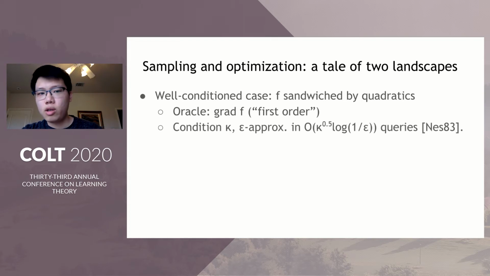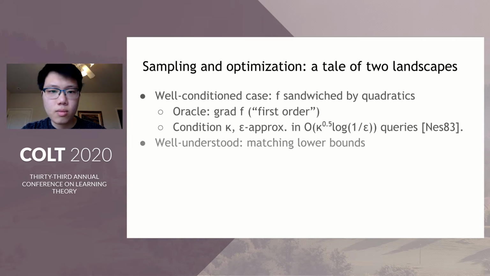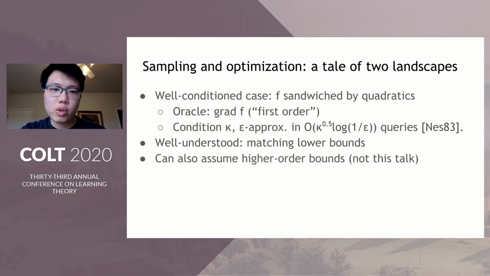In this setting, given a condition number of kappa, which is the ratio between the upper and lower bound leading coefficients, Nesterov's accelerated gradient descent algorithm obtains an epsilon approximate minimizer in roughly square root kappa log 1 over epsilon queries to a gradient oracle. This setting is particularly nice because in a variety of generalizations of this problem, matching lower bounds are known to these algorithmic upper bounds. You can also assume higher order derivative bounds on the function, but this talk will focus on this most basic case, where all you assume is this sandwiching of the second derivative.